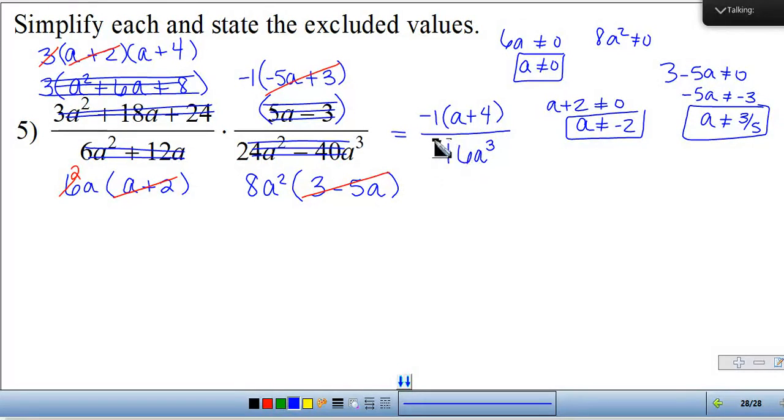Just be careful. Don't cancel things that are part of a binomial. If you do choose to distribute the -1 and you get -a minus 4, just realize that this 4 cannot cancel with the 16 because this 4 is part of a binomial and the denominator is a monomial.